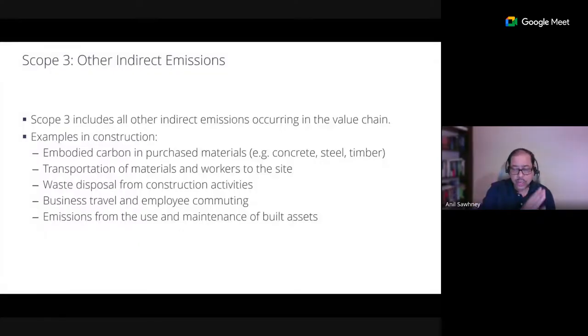So if you are looking at a construction project, a significant portion of the emissions that you calculate using WLCA would be categorized as scope 3 emissions.